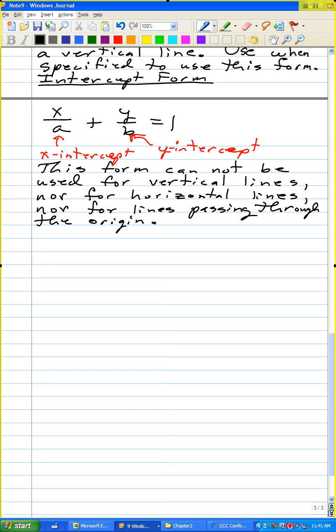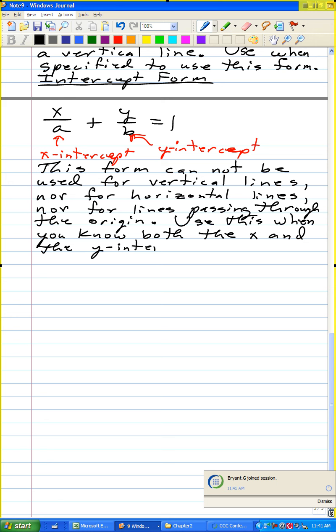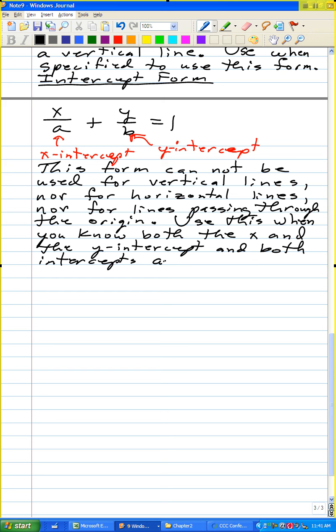So use this when you know both the x and the y intercepts, and both intercepts are non-zero.